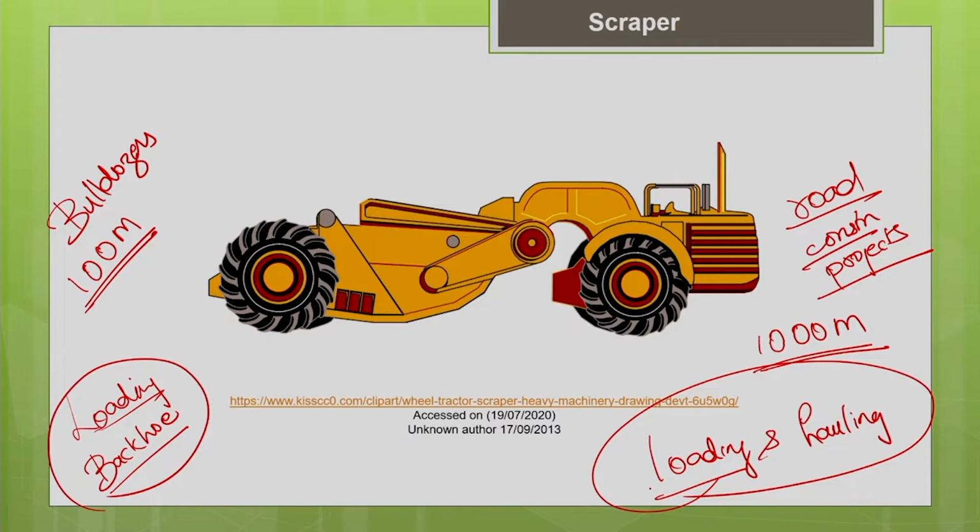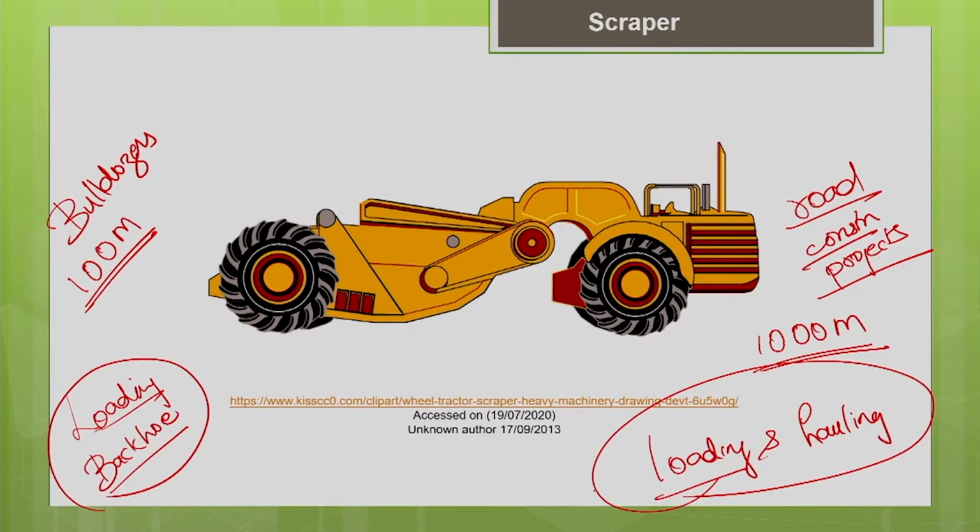I cannot compare the loading efficiency of a scraper with an excavator; compared with an excavator, the scraper's loading efficiency is less. Similarly, I cannot compare the hauling efficiency of a scraper with a truck; the hauling efficiency of a scraper is going to be lesser than the truck.